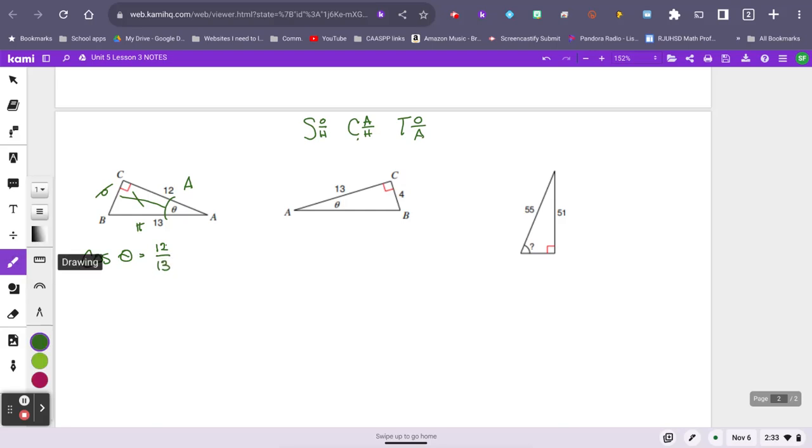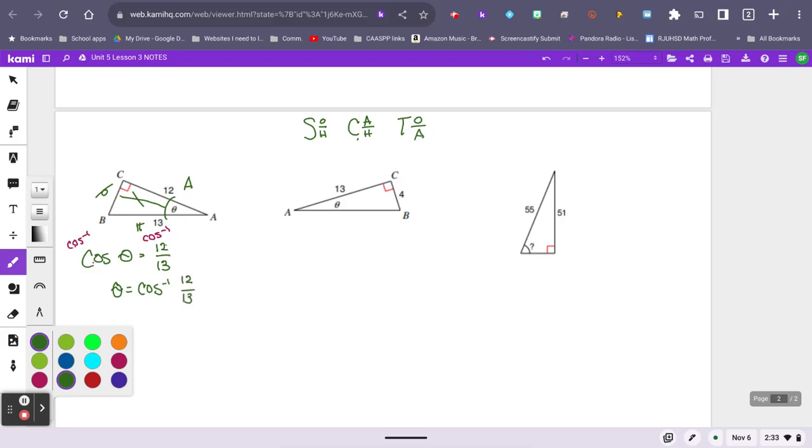Now the nice thing with this one is when we want to get the cosine by itself, we're basically multiplying both sides by cosine to the -1, which is the inverse, and it crosses these two out. And all we're going to get is theta equals cosine to the -1, 12 over 13.